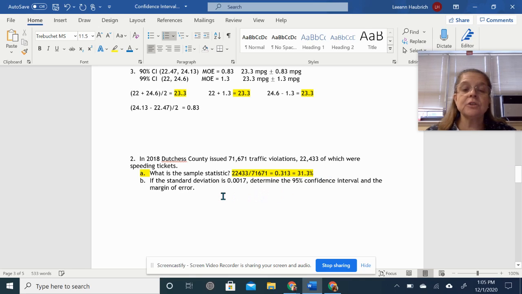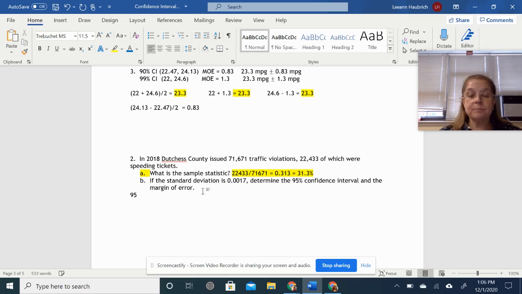Now, I used a way to get the standard deviation for this. It's a really long calculation, so I decided just to give you the standard deviation here. So the standard deviation is 0.0017. If I want to determine the 95% confidence interval and the margin of error, I'm just going to do what we did before.